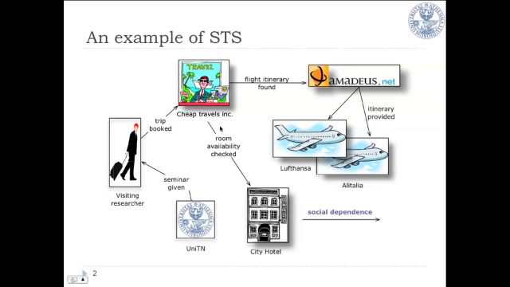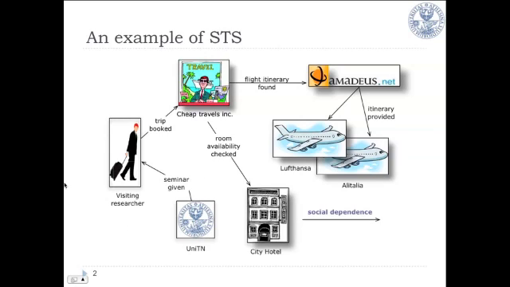On the other hand, in order to book a hotel, again, the travel agency is interacting with different hotels in the city in order to check room availability and to find a room for the designated dates that the researcher might need.